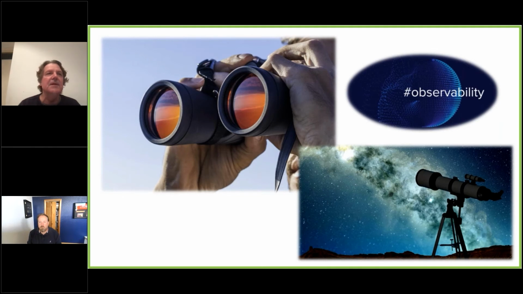That needs to be the fundamental data source, the fundamental streams of data, that we access in order to observe what's taking place within the system.